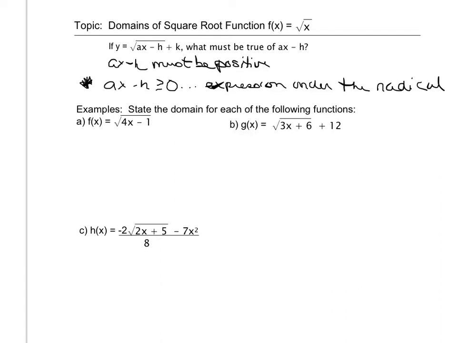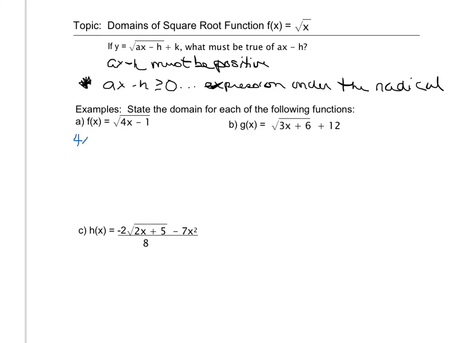So I want to state the domain of each of these following functions. On the first one, I'm given the radical of 4x minus 1. Well, 4x minus 1 is the quantity that's underneath the radical. So in order to get a real answer, I need 4x minus 1 to not be negative. So in other words, 4x minus 1 has to be greater than or equal to 0. Well, this is just a linear inequality. You've seen these before.